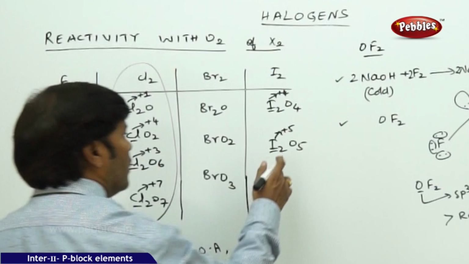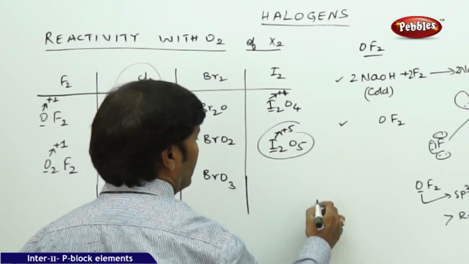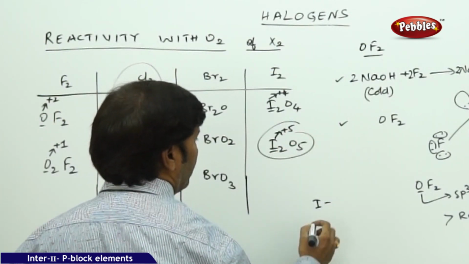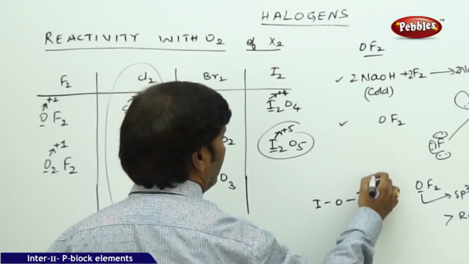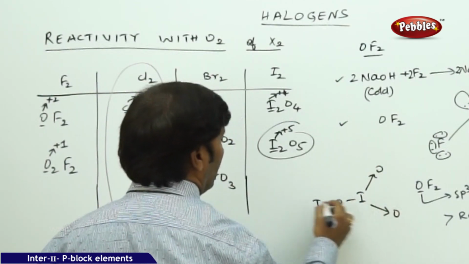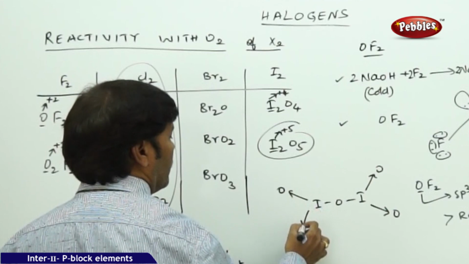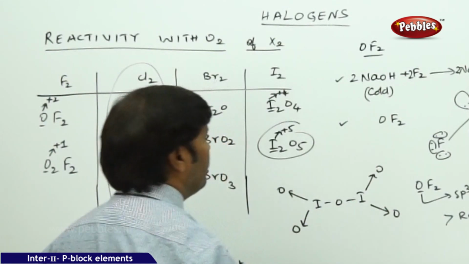Then if you go for the I2O5 structure, it has one IO5 link, wherein it has 4 coordinate covalent bonds like this, I2O5.